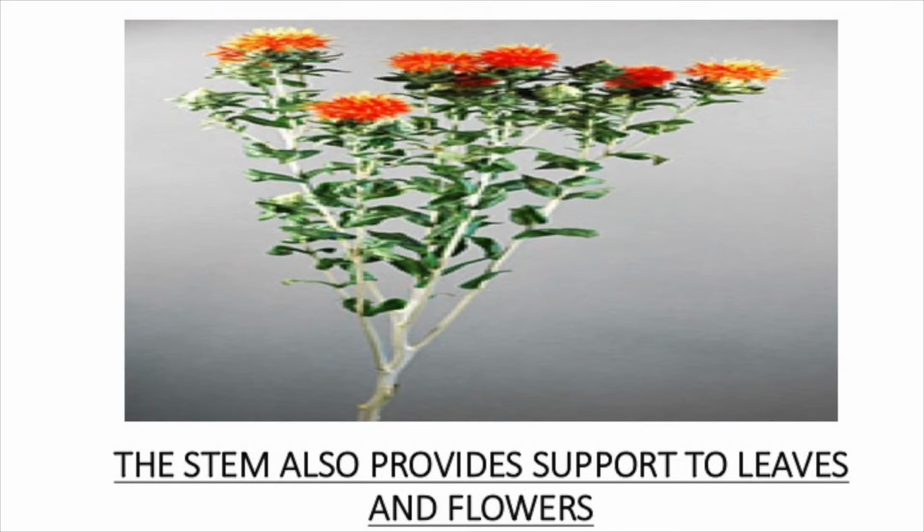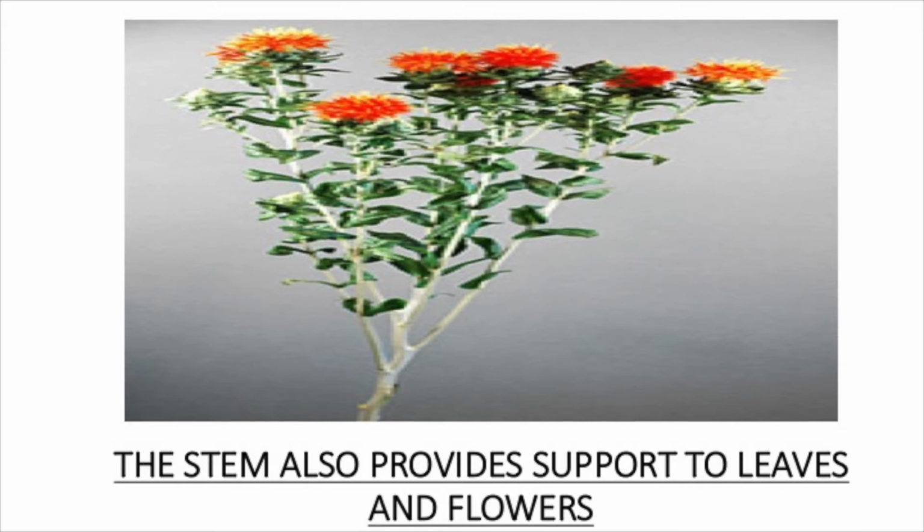The stem also provides support to leaves and flowers. Yes, without the stem, the leaves and flowers would just fall down. Leaves and flowers need something to grow from, and they grow from the stem of the plant.